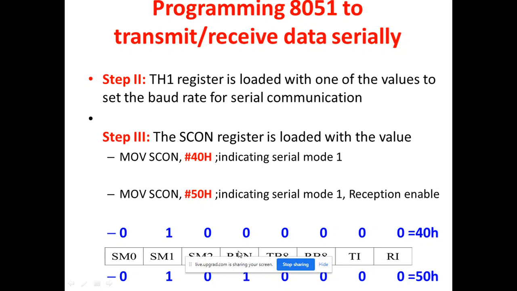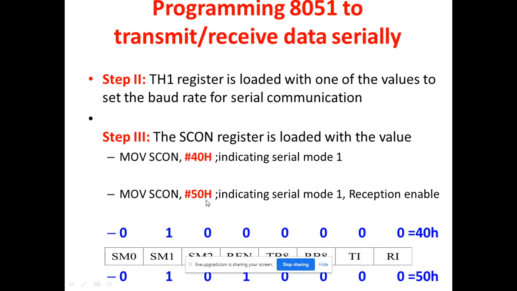In that situation this bit is 0, and even if memory is transferring something or an input device is sending something, the microcontroller is unable to receive, because the receiver is disabled by making it 0. In that situation you must enable it by writing 1 here, and then my number becomes 50. In this fashion we can write 40 and 50 into the SCON register.